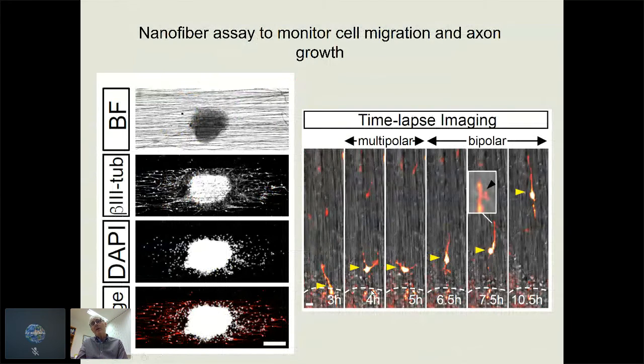They behave a bit as if this was a radial glial scaffold. So first, when they come out of the explant, they are multipolar, but with time, a few hours later, they become bipolar, and that's when they start migrating. They can also switch from one nanofiber to another one, similar to what they do in vivo, in real life.